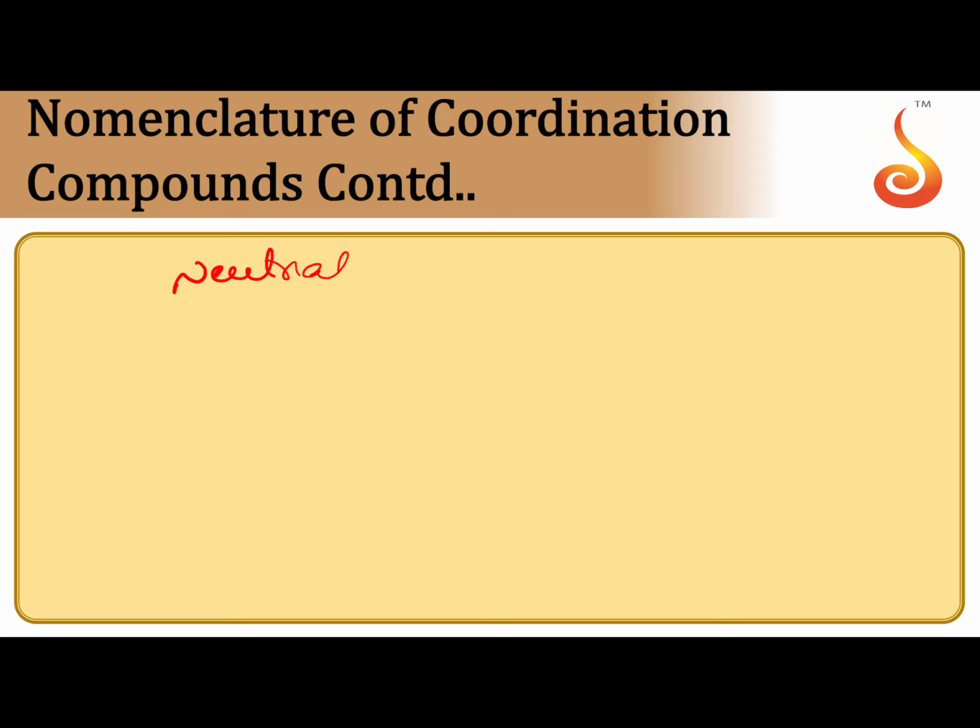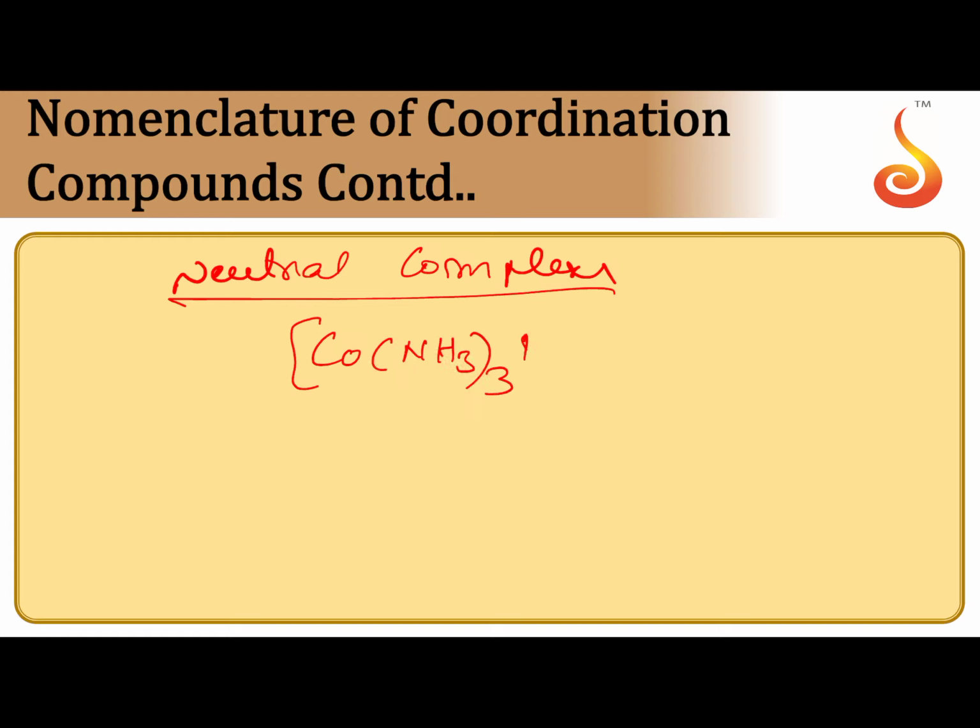Neutral complexes. If the charge present on the coordination entity is 0. Suppose [Co(NH3)3Br3]. In this case the oxidation number of cobalt is 3. The total charge on the coordination entity is 0.